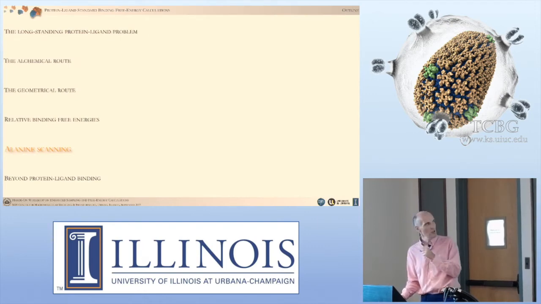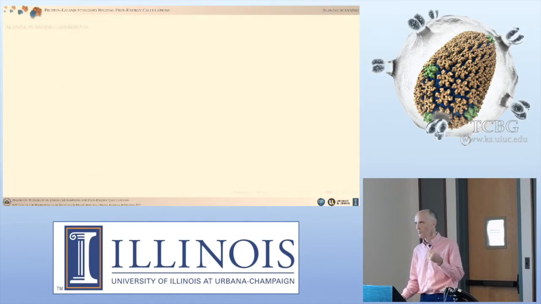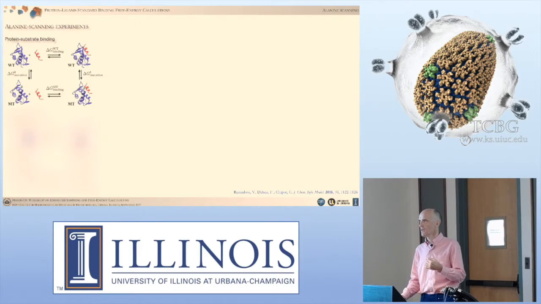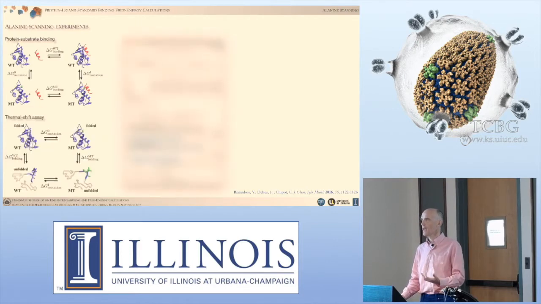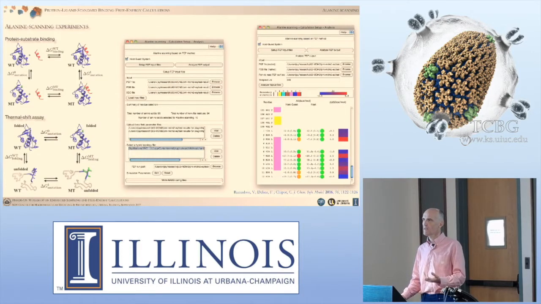Now I want to mention alanine scanning. So you may have heard about alanine scanning. This is a common tool in the wet lab to assess the stability. You can use alanine scanning for two purposes. You can use it in a TSA context, or TSA, thermal shift assays.